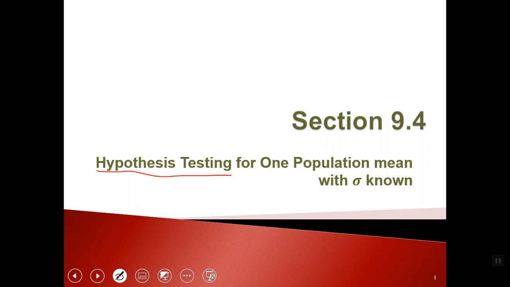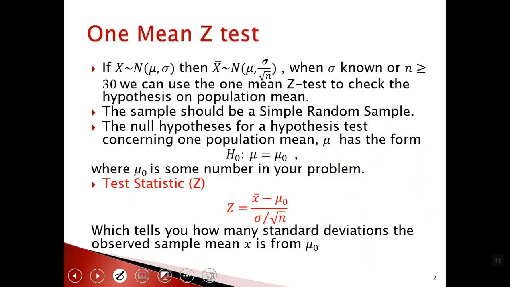So as always, sigma is known. We are considering population mean. So hypothesis testing for one population mean with sigma known. Let's consider our Z test, our traditional Z test.